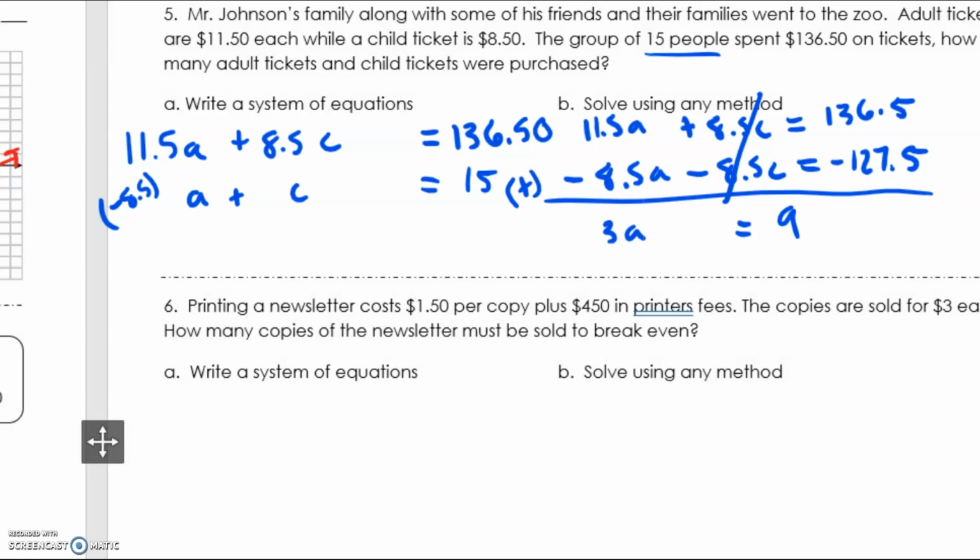Divide by 3. And it looks like this is representing the number of tickets. So we have 3 adult tickets that were purchased.